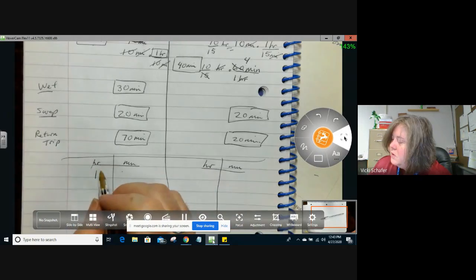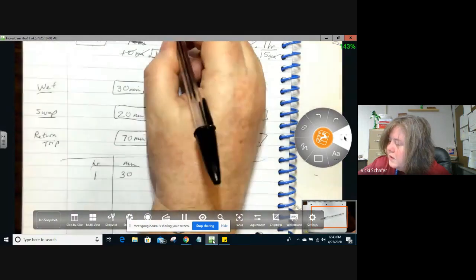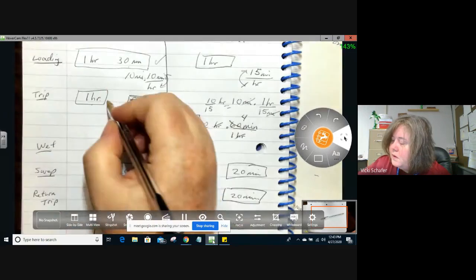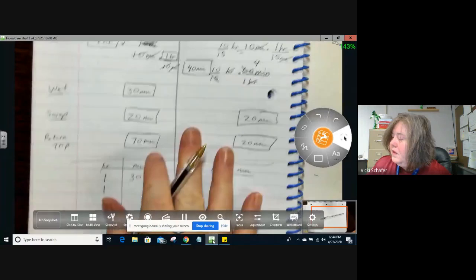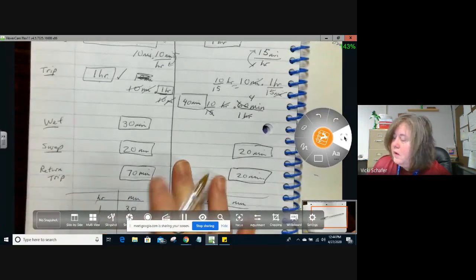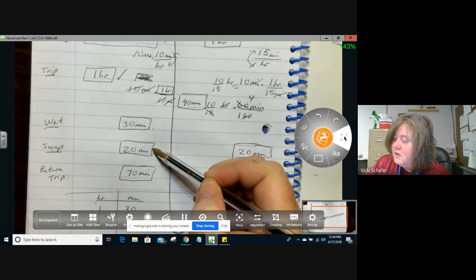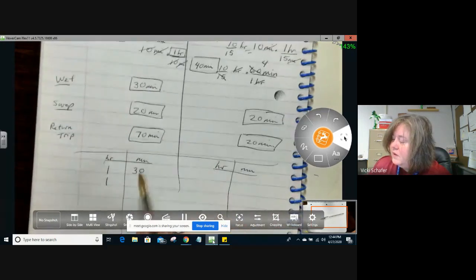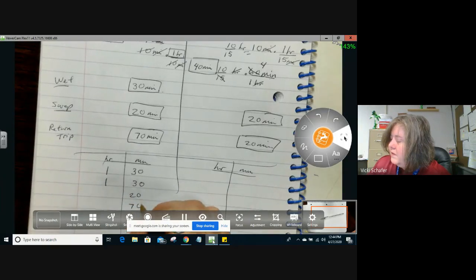Okay, so I had an hour 30 for the loading. Then I had an hour for the trip. Then I had 30 minutes plus 20 minutes and then 70 more minutes. So I've got 30, 20, and 70.